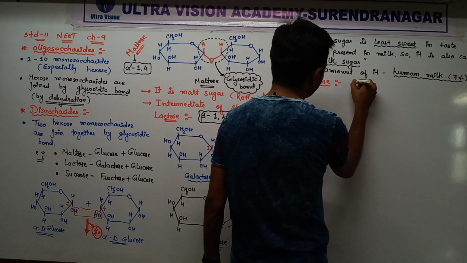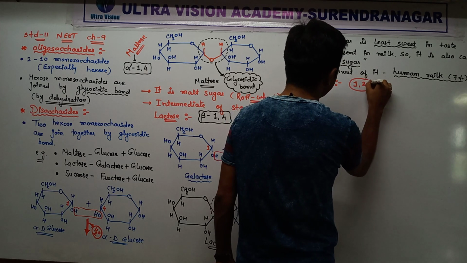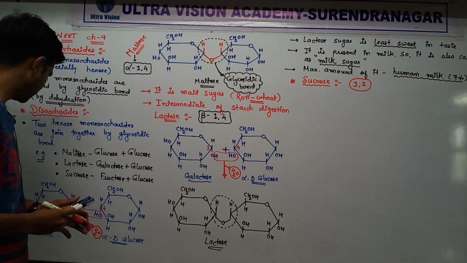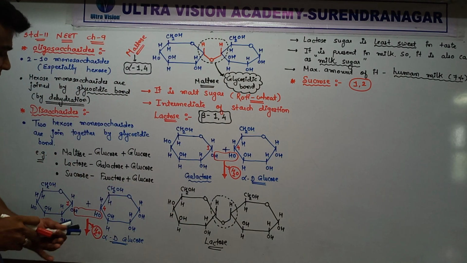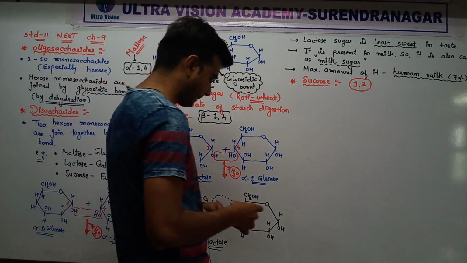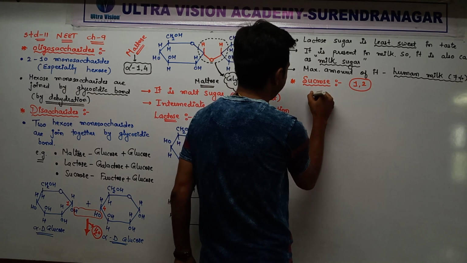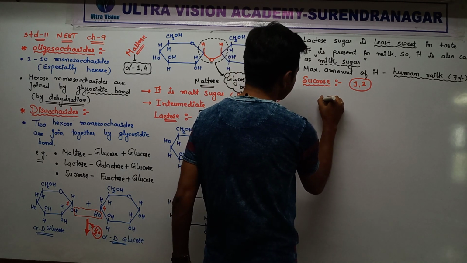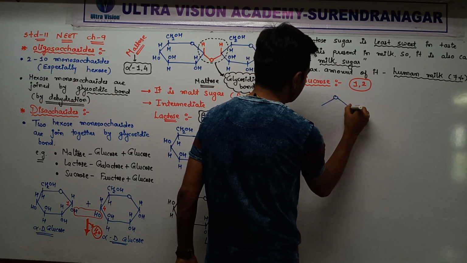Here in that sucrose, 1,2-glycosidic bond there. How? So here sucrose is formed by fructose as well as glucose. So first I have to put the fructose. For fructose I have to put the pentose sugar.